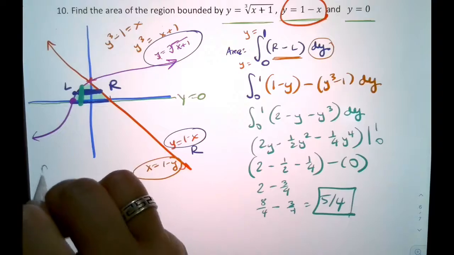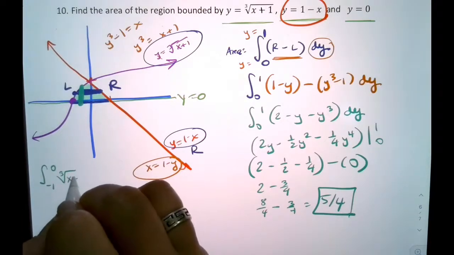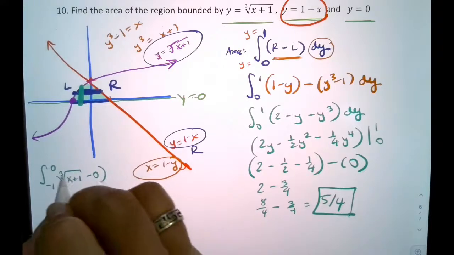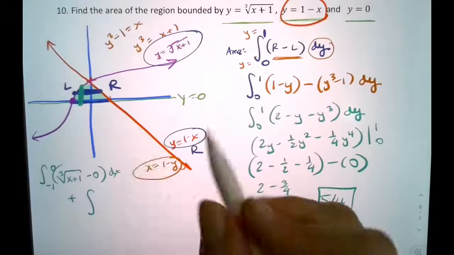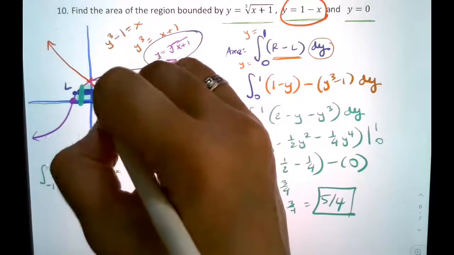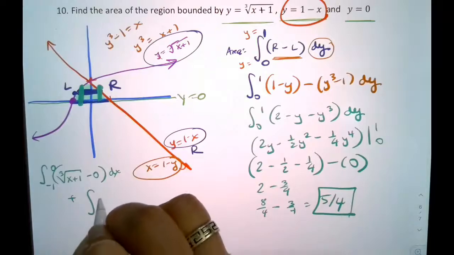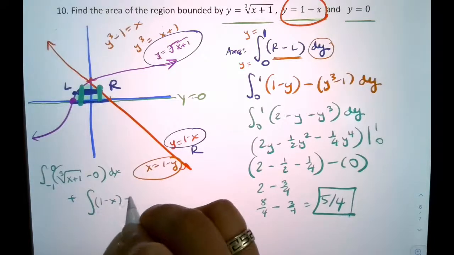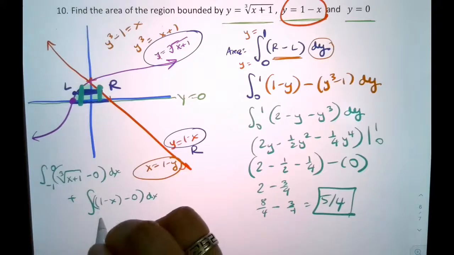And so you could do that. But then you'd have to add to that the integral, this other one over here. I have to do a whole nother integral because the top function is now that linear part. And the bottom function is 0. And that would be from 0 to 1.